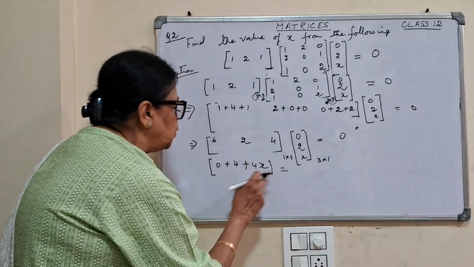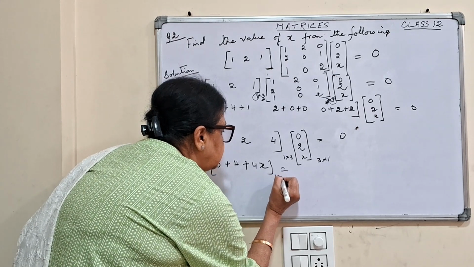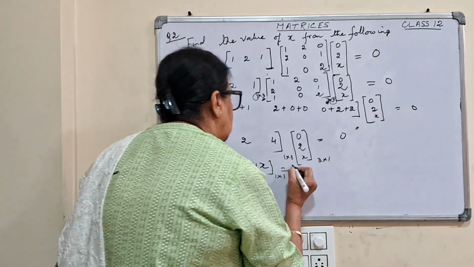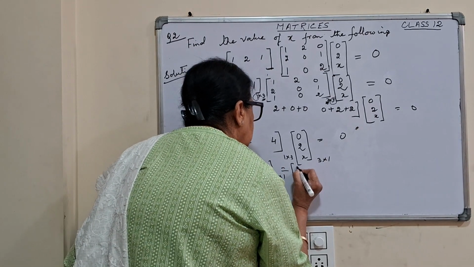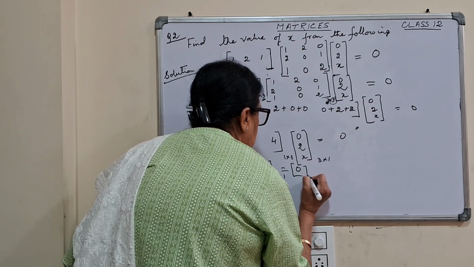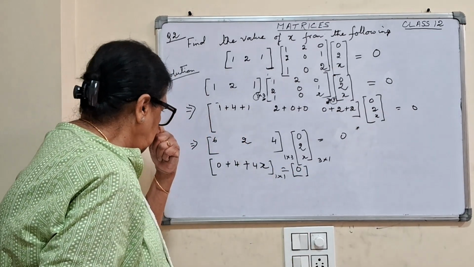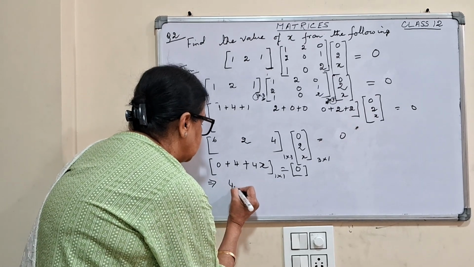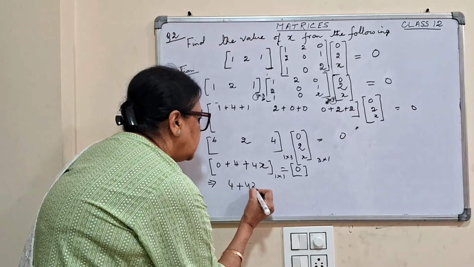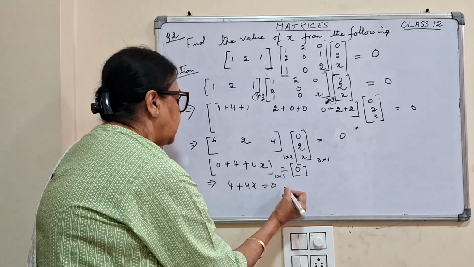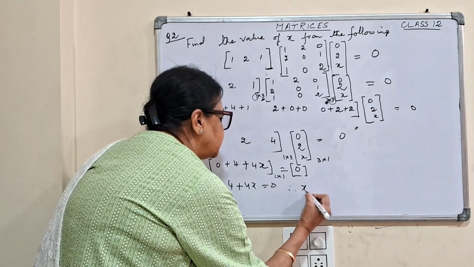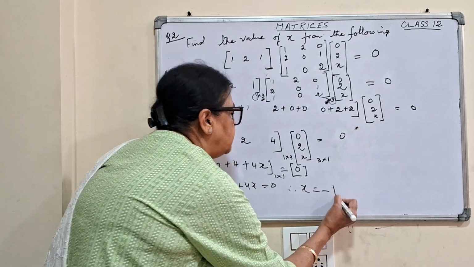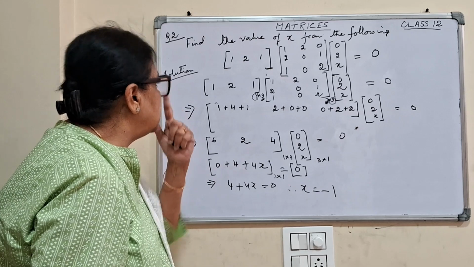This is 1 into 1, so my 0 will also be 1 into 1, 1 row, 1 column. Yes, so it will imply 4 plus 4x is equal to 0. Therefore, x is equal to minus 1.